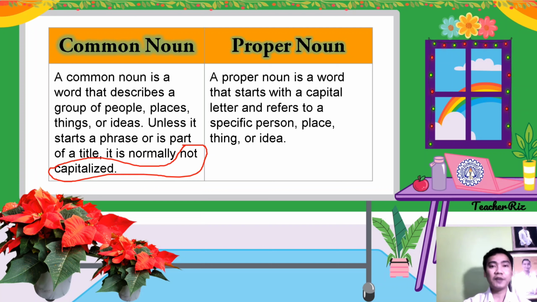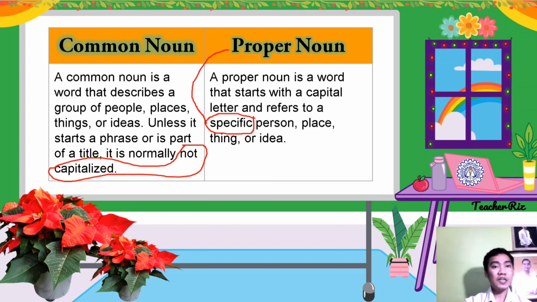On the other hand, a proper noun is a word that starts with a capital letter or refers to a specific person, place, thing, or idea. I want to emphasize the word specific. So when we say proper noun, it talks about a specific person, place, thing, or idea.